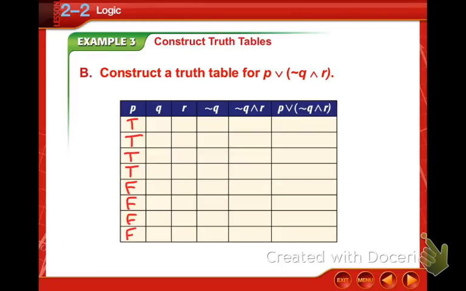Then we're going to alternate. But instead of doing true, false, because we have 3, we're going to do true, true, false, false, true, true, false, false. And now we're going to do the full alternation. True, false, true, false, true, false, true, false. Now we're going to take what we did for Q, true, true, false, false, and flip it. So now it's going to be false, false, true, true.